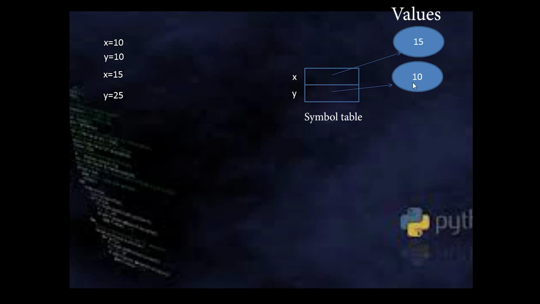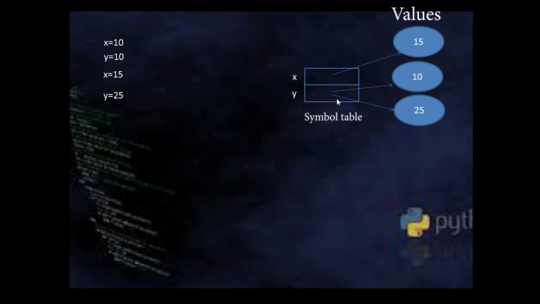Now suppose after some time y is assigned the value 25. Previously y was assigned 10, but now y is assigned the value 25. Now new memory is created. This new memory address will be recorded in the symbol table for y.